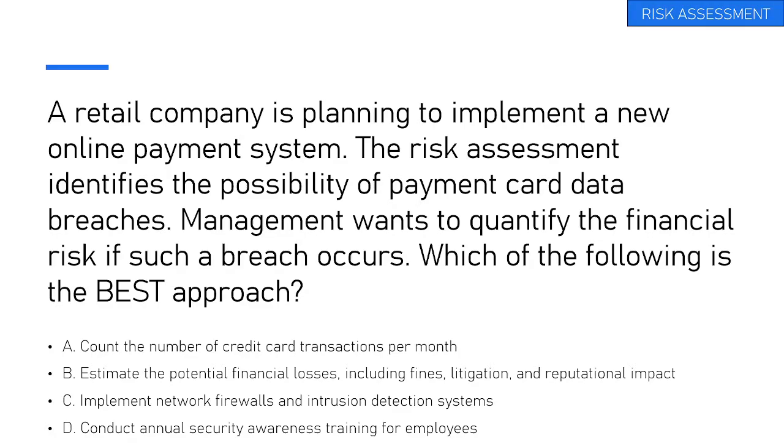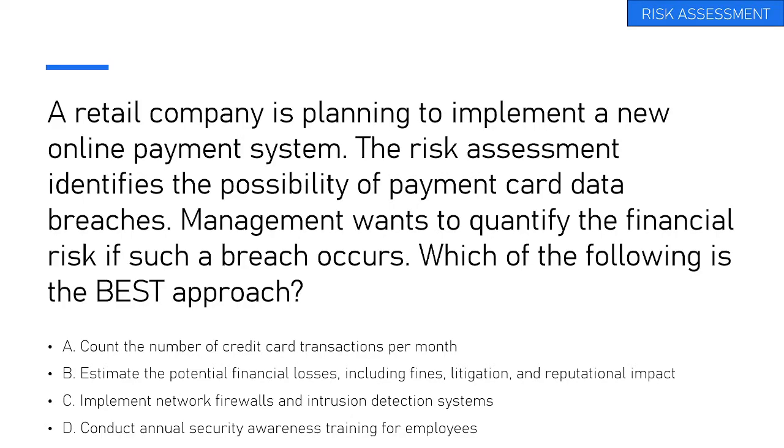C is implementing network firewalls and intrusion detection systems, which is a mitigation. It's not about losses. Whenever you're quantifying financial risk, like I mentioned, you're looking at an estimation of losses.